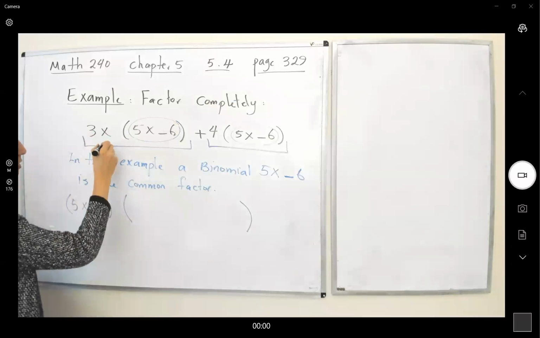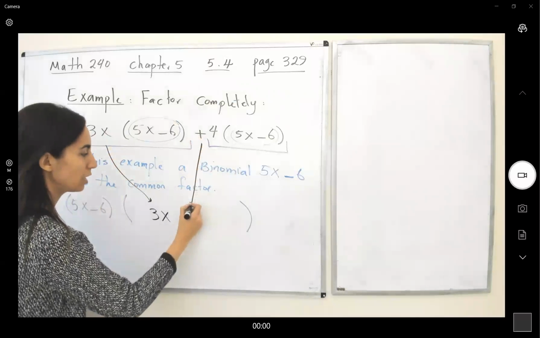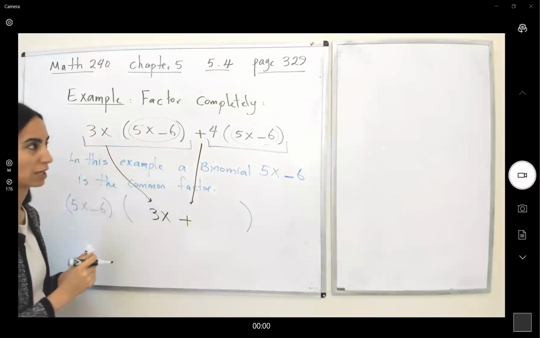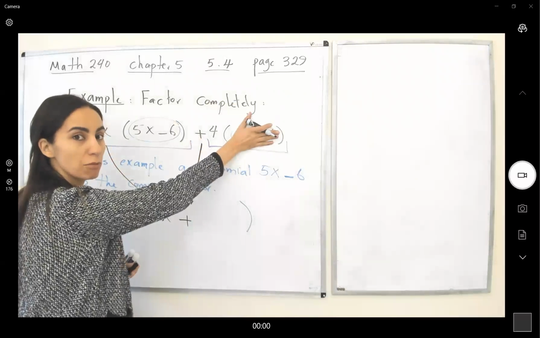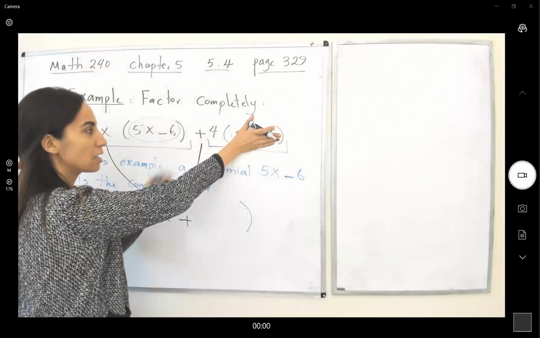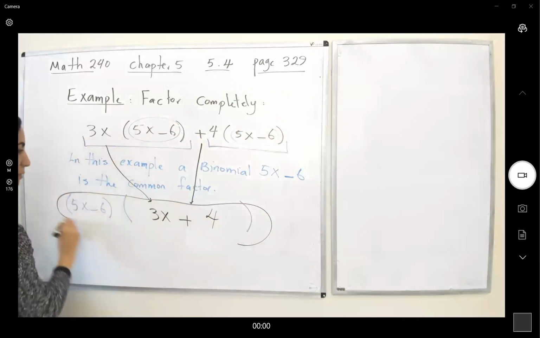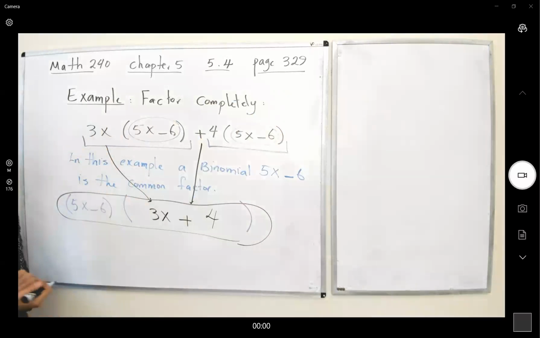So 3x goes here. The operation in between is addition, so I'm going to copy down the addition. If I take out 5x minus 6 from the second addend, I'm left with 4. Factor this expression completely.